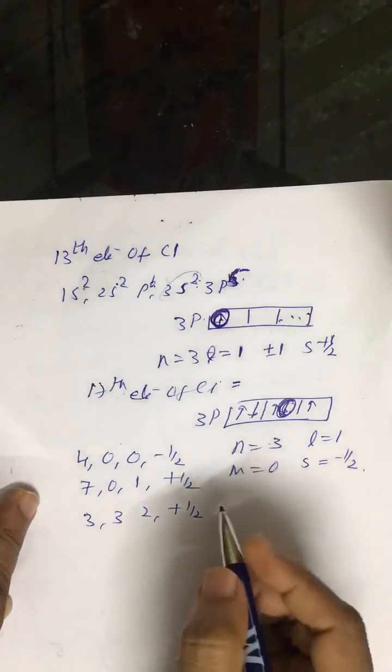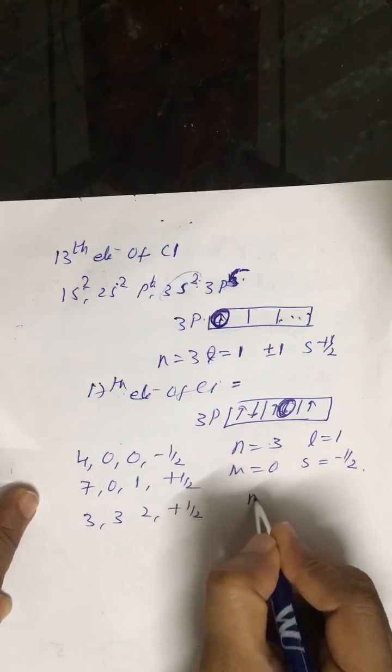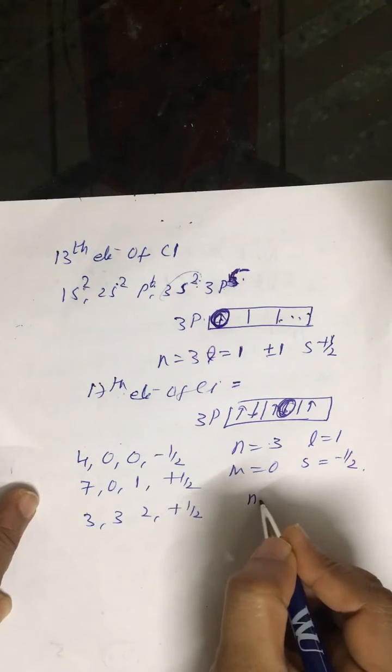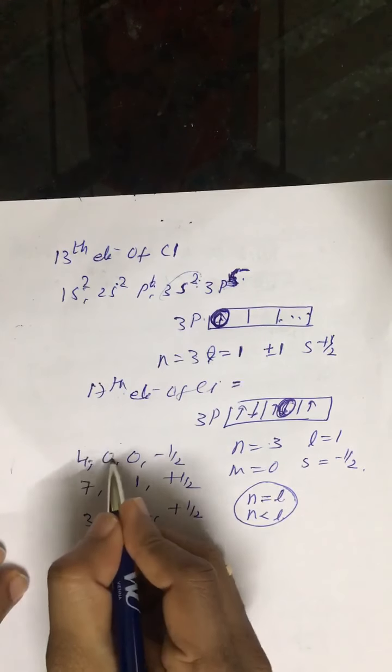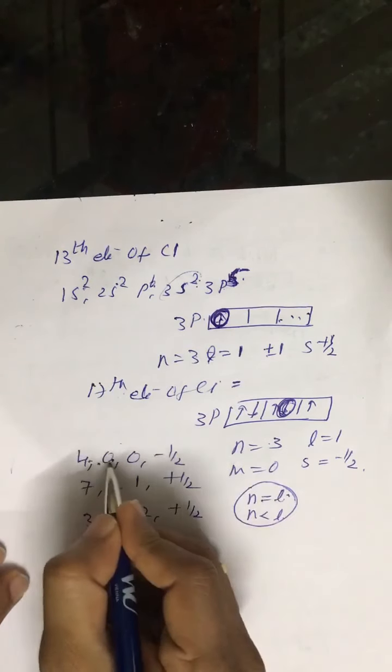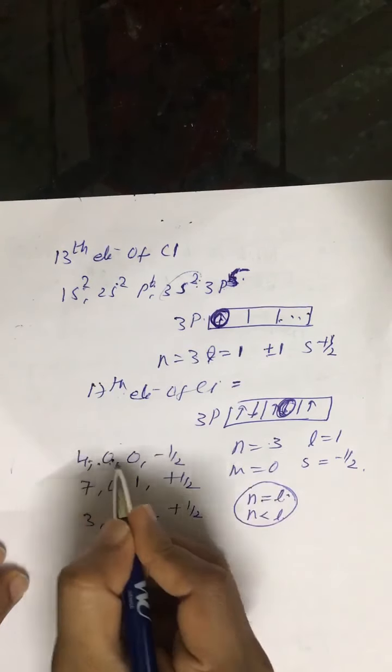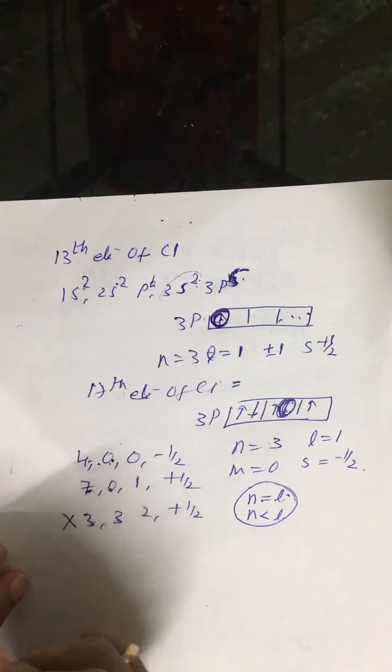The first thing is, if N is equal to L or N is less than L, certain things are impossible. Like here, N is greater than L, it is possible. N is equal to L, it is not at all possible.